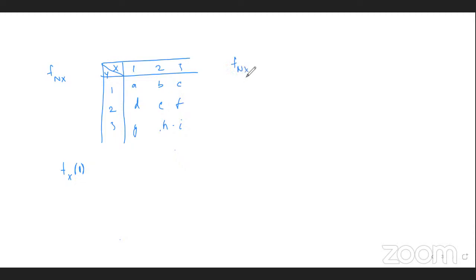If we have to find f of x at k, we had two random variables n and x, and we have to find the marginal of x. So we will sum over all the possible values of n.